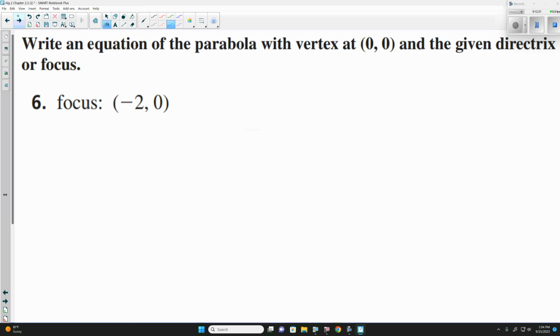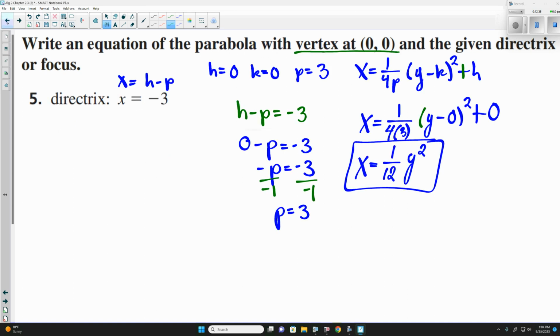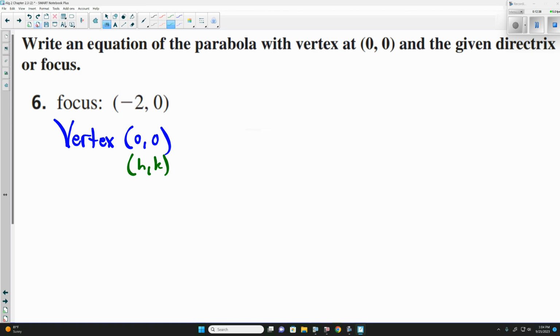Let's look at the next one. Well, the vertex is still the point 0, 0. It is our h comma k. I already know what the value of h and k are.